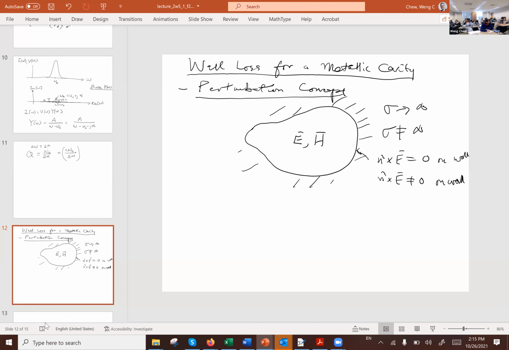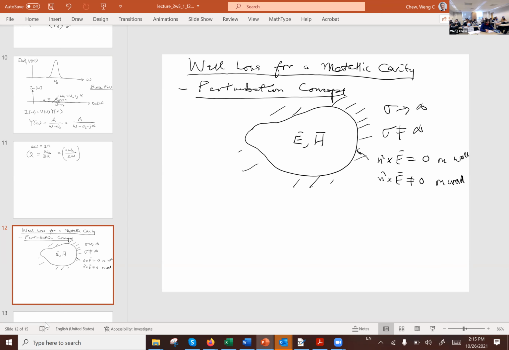And how do we estimate this n cross E using the perturbation concept? The idea is that we assume that the E and H fields are going to change very little once you go from the lossless case to the lossy case. That is, if you switch from a perfect electric conductor cavity wall to a lossy conductor cavity wall, assuming the cavity will still have pretty high conductivity, then the fields inside, E and H, are not going to change very much.